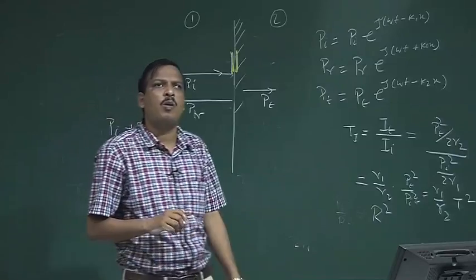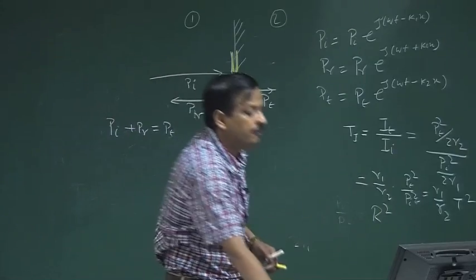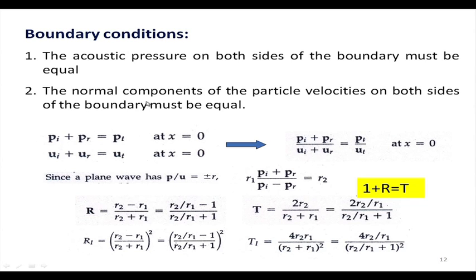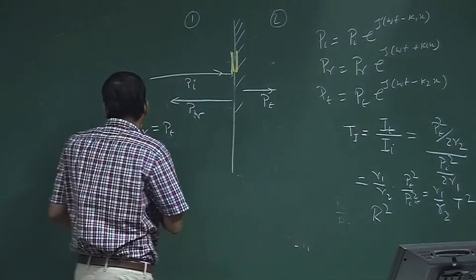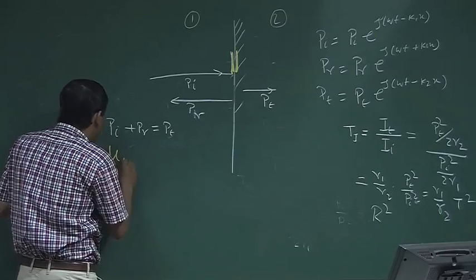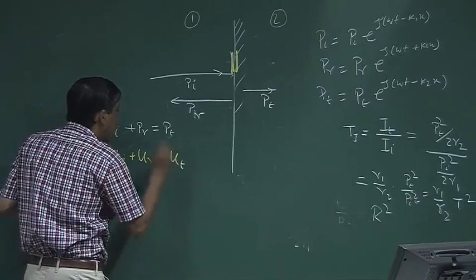Condition number 2 is the normal component. The normal component of the particle velocity on both sides of the boundary must be equal. So, I can write Ui plus Ur should be equal to Ut.